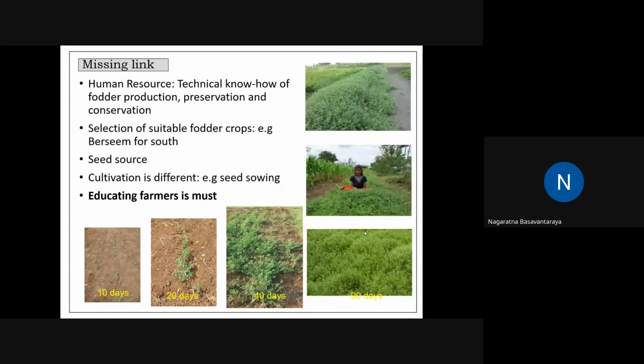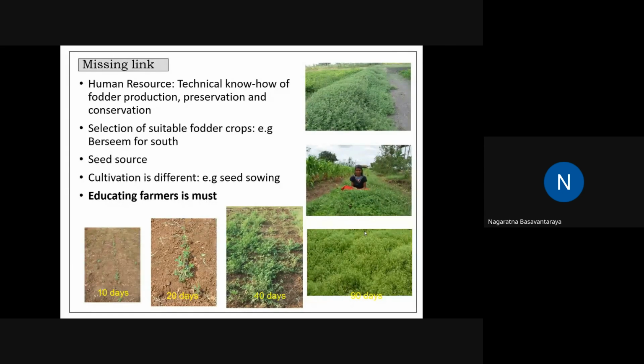Second thing is, animal husbandry departments in the different states do, to a limited extent, extension or transfer of technology on the fodder crops, but many times they end up in poor selection of suitable fodder crops for the region. I have given here one example of bajra, and this bajra crop requires a cold temperature to perform very well.